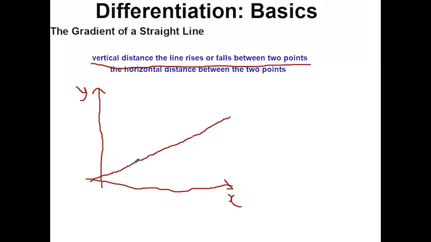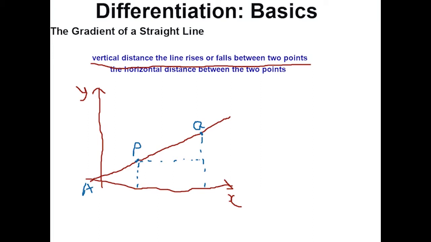Let me call this one point P and this one point Q, where P is a point to the left of point Q on the straight line graph.